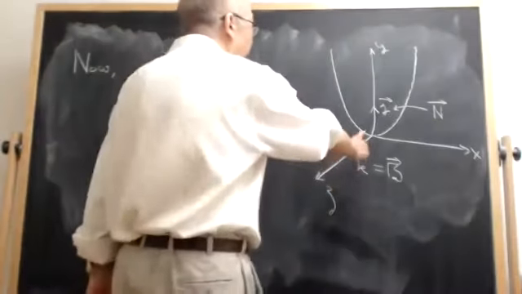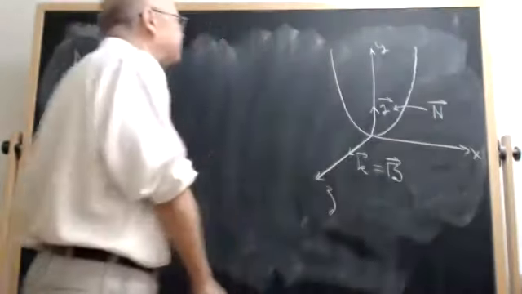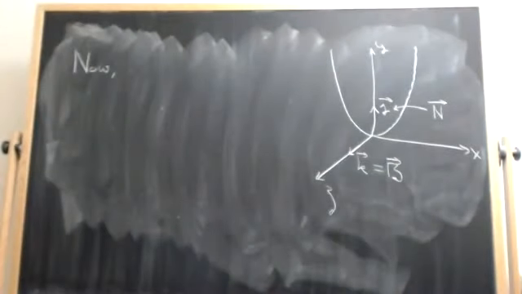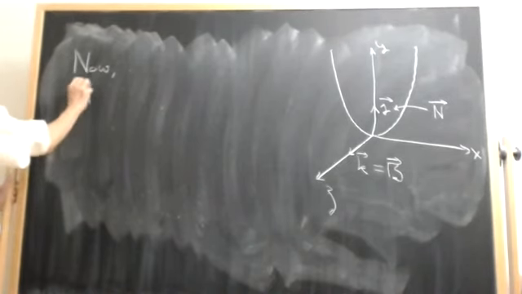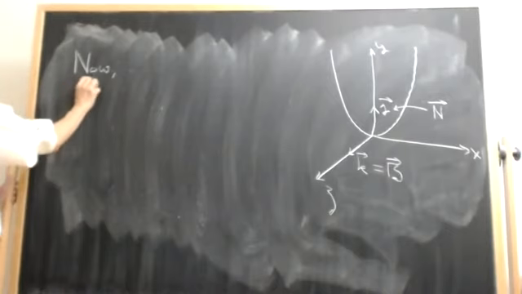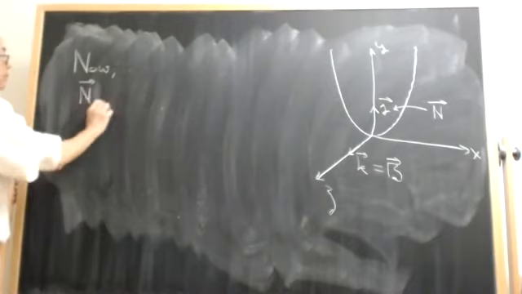Now, we are going to look at N and B, which determines a plane. So I am going to do it. Skip the t.